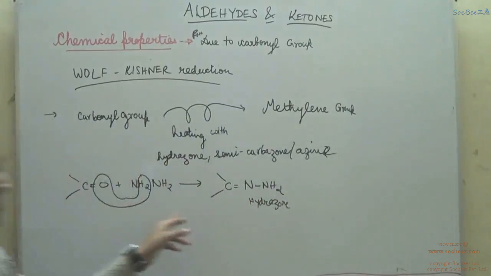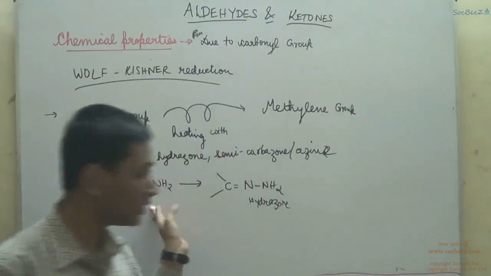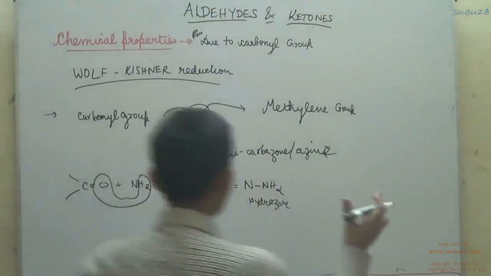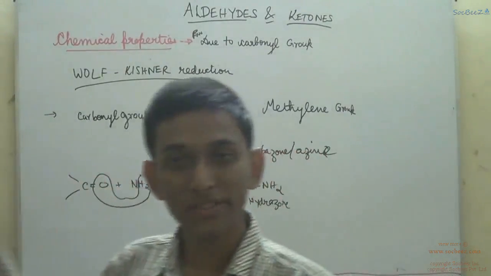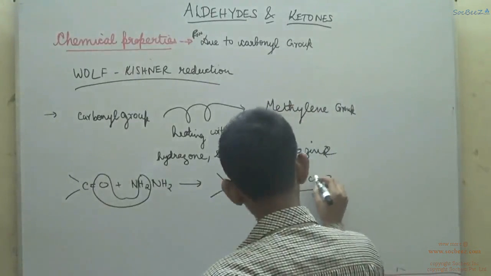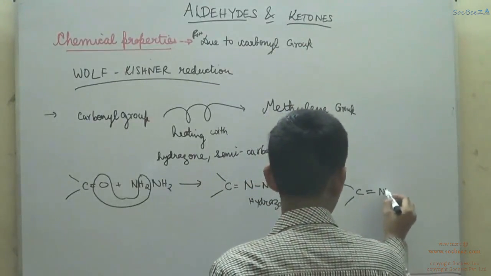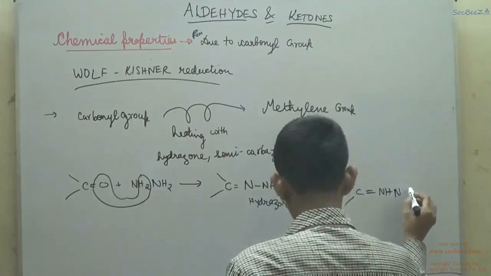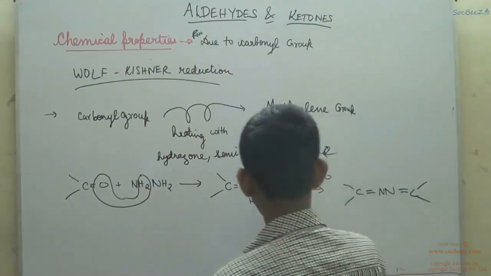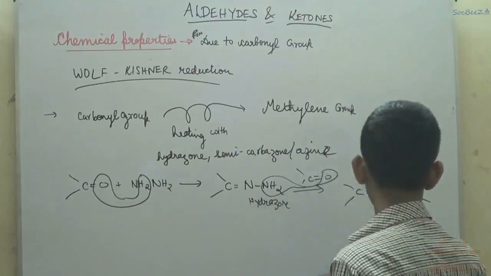So hydrazone is obtained from hydrazine, NH2NH2. And semicarbazone is obtained from semicarbazide, and for azine, if you treat it with another carbonyl group, then it forms C double bond N. Right. So this water molecule gets removed and you form this kind of compound.